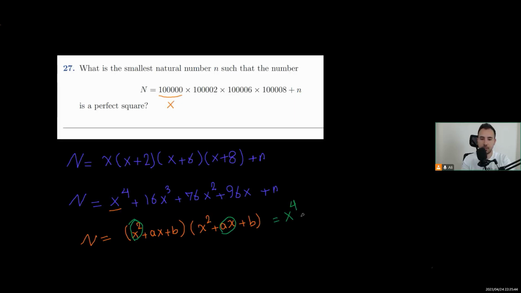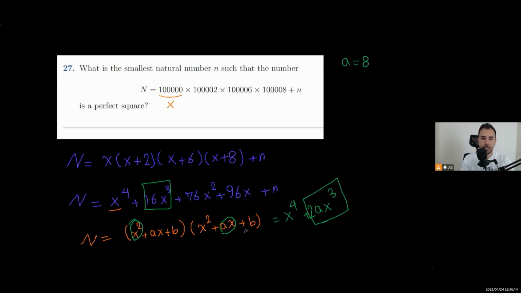So these two will be ax cubed, but we have two of this. It repeats, so it will be like this. Now we could compare these two together. This one and this one must be the same. For that reason, a will be 8.